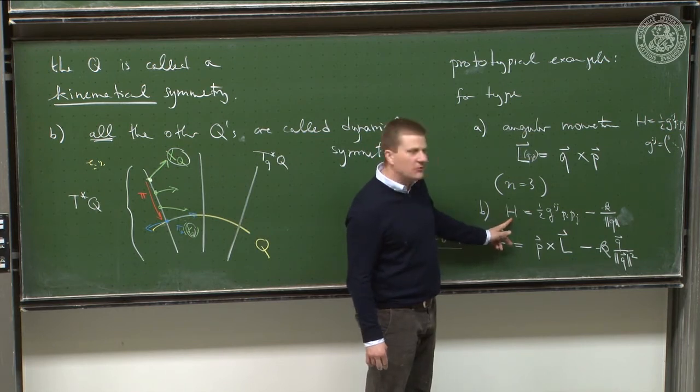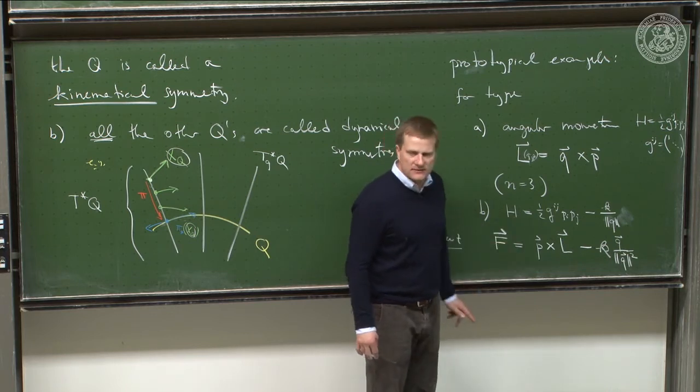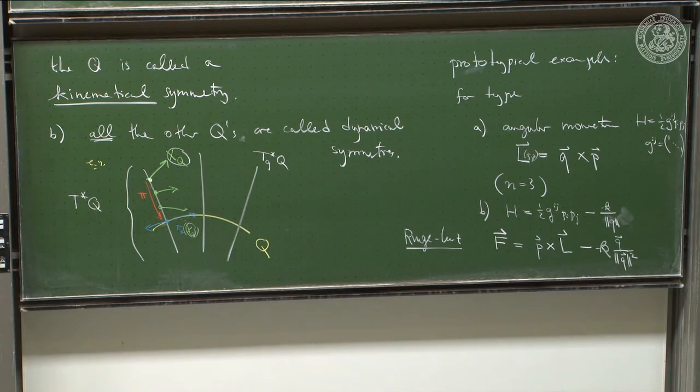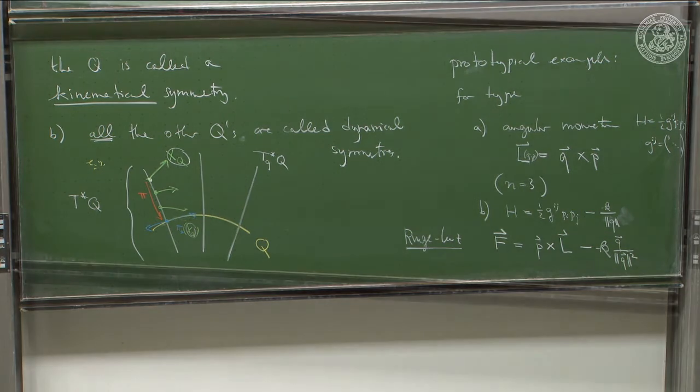One can see this very quickly, but we'll do this after the break, when we'll also develop the theory of Killing tensors. So far we talked about Killing vectors, and with Killing vectors on the Q manifold, the Riemannian Q manifold, you understand the kinematical symmetries. If you want to understand the dynamical symmetries down on the Q manifold, you need Killing tensors.